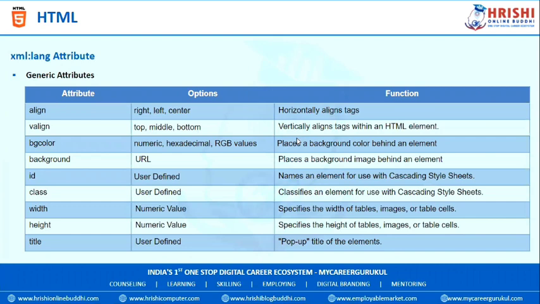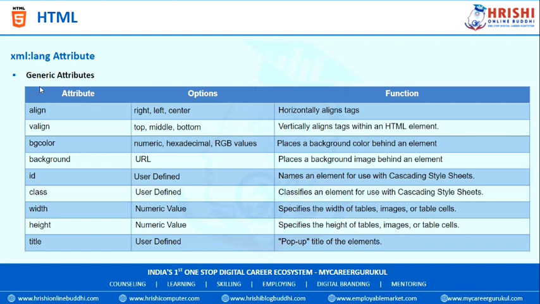Before this we have seen the language attribute, which is used to give information about the whole document, that is, which language it is written in. Now this XML language attribute helps a particular element also to define what kind of attribute it is.